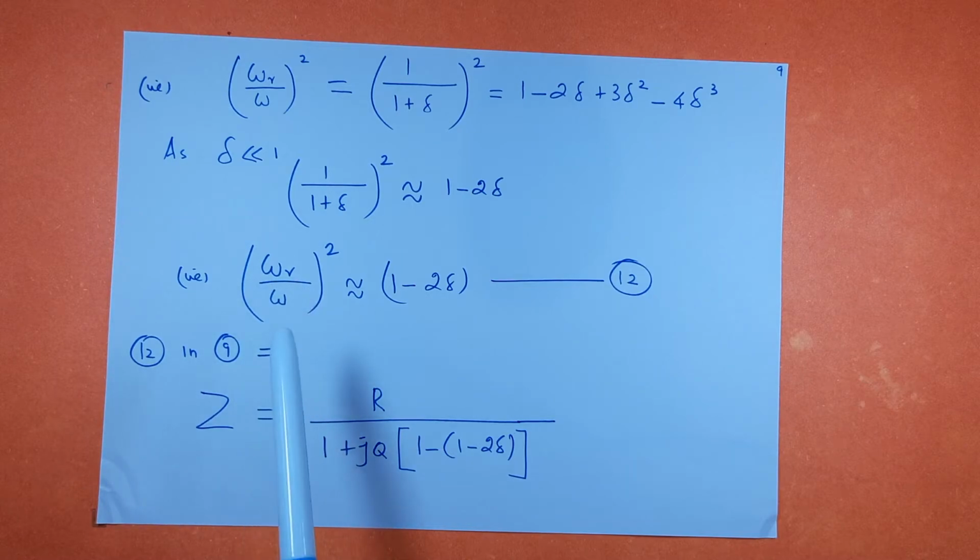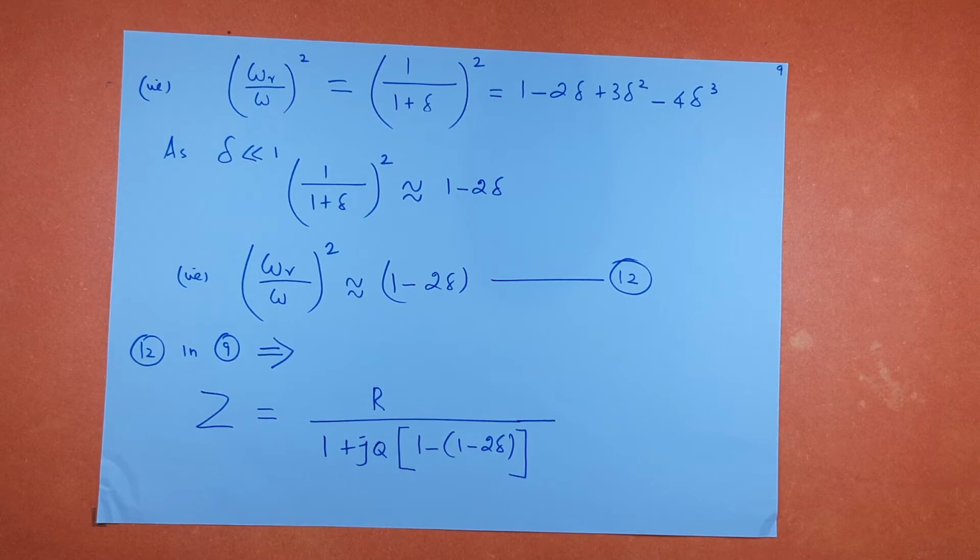Omega R divided by omega the whole square is approximately equal to 1 minus 2 delta. This you can call equation number 12. So substitute this in equation number 9.